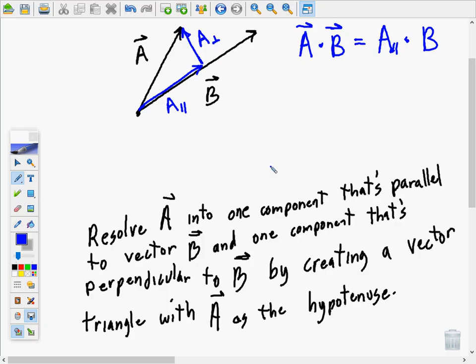It's a scalar quantity. It doesn't have direction. It's just a number and a unit. And how do you get that number? You take the part of A that's going in the direction of B, and you multiply that part of A with all of B.